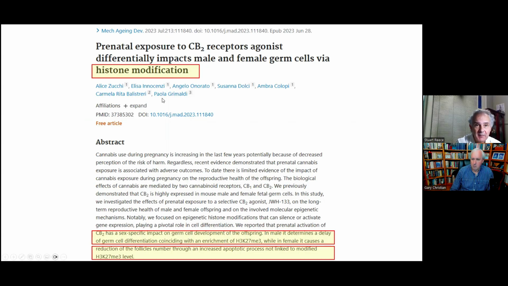And this is another major pathway of epigenetic control. And the point is that this is disrupted. This is a major epigenetic mark here for gene activation, the CB2 receptor there, which is controlled by CB2. So the histones are changed as well as the DNA methylation.